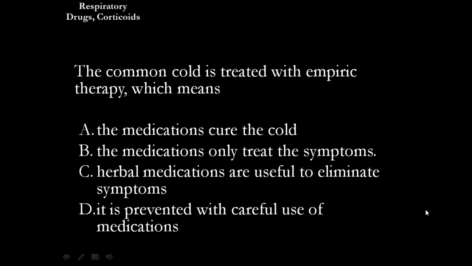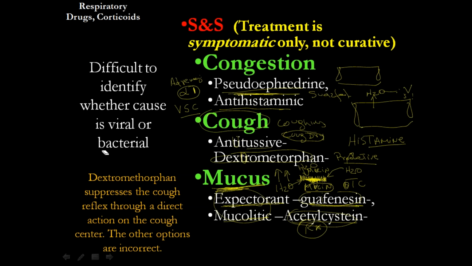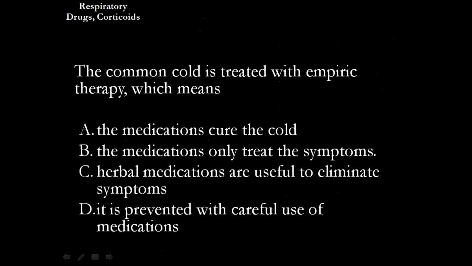The common cold is treated with empiric therapy, which means that the medication only treats symptoms. So it's the same thing that we were saying in the previous slide, but here it is in different words, right? When you're talking about the common cold, you're talking about the upper respiratory tract.